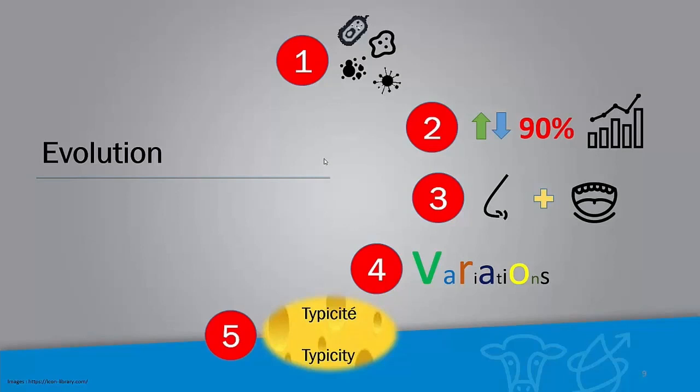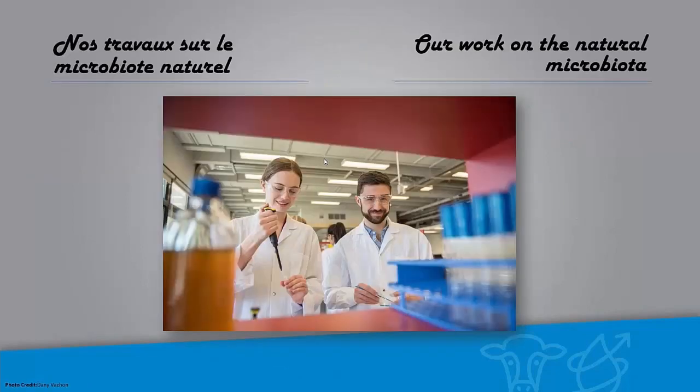And finally, natural microflora can also be a typicity element in cheese. Some species will have organoleptic notes that could be typical of a region or a production, given that these microorganisms are very typical and represent the region or the cheese plant where the product is made.